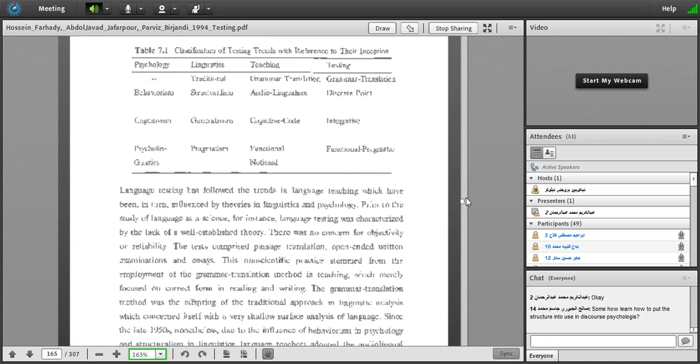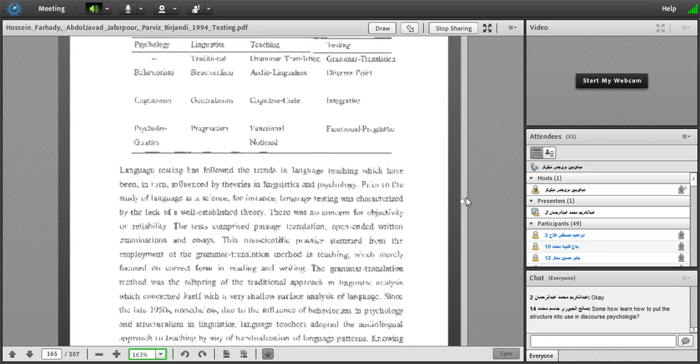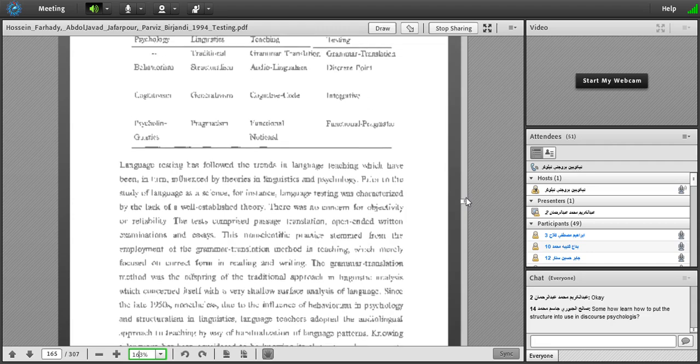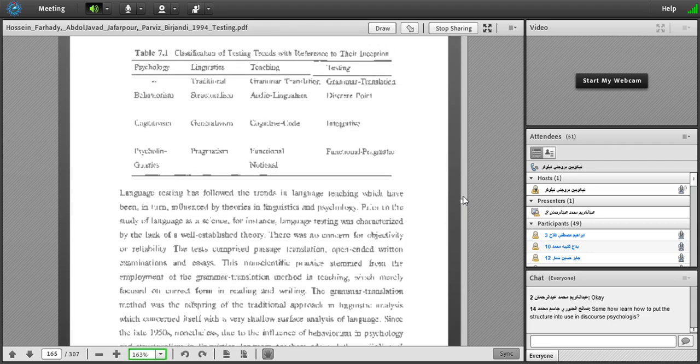Okay, very nice. Thank you so much, Zainab and Tamara, ma'am. You explained very well. Thank you for your explanations. So I think that's it for chapter 7. It's a rather short chapter, and the most important points in this chapter would be the types of tests.